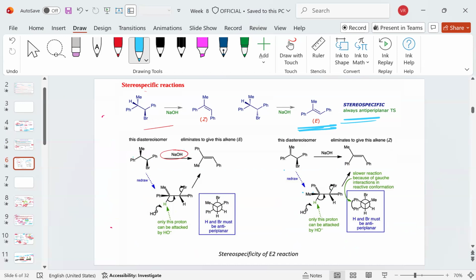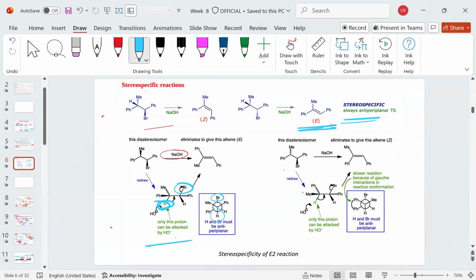If you look at the mechanism of the E2 elimination reaction, we need the hydrogen and the leaving group to be anti-periplanar to each other. What is anti-periplanar? The leaving group and the proton are exactly on opposite sides of each other.